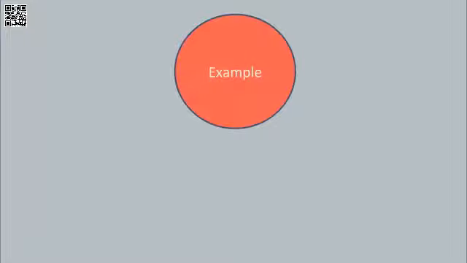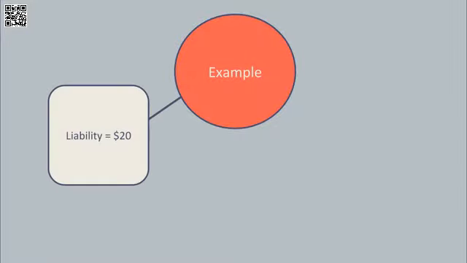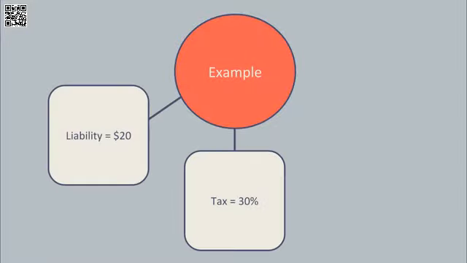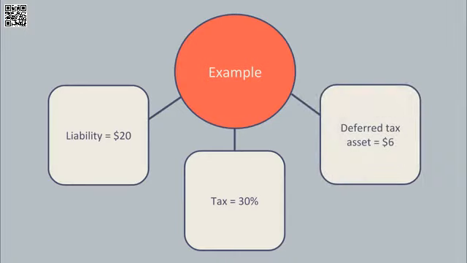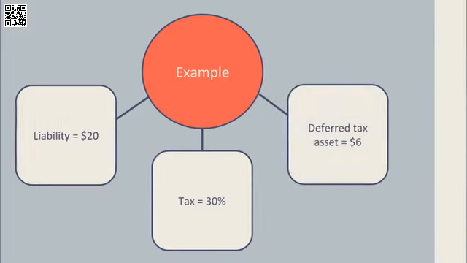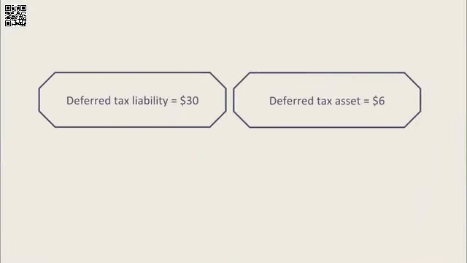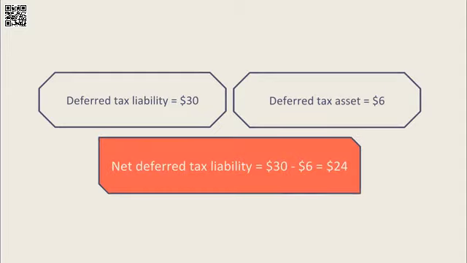So if we had a liability of 20, this would, at a rate of say 30%, create a deferred tax asset of 6. If we look at the net impact of the assets and liabilities held in the business, we see an overall deferred tax liability of 24. Having set up the basics, let's now explore these concepts in more detail.